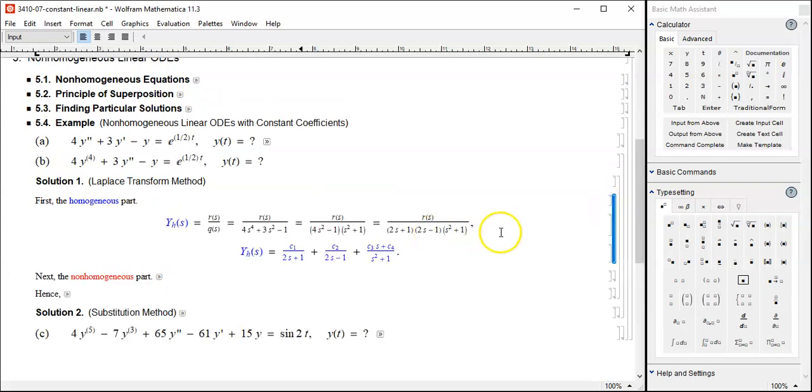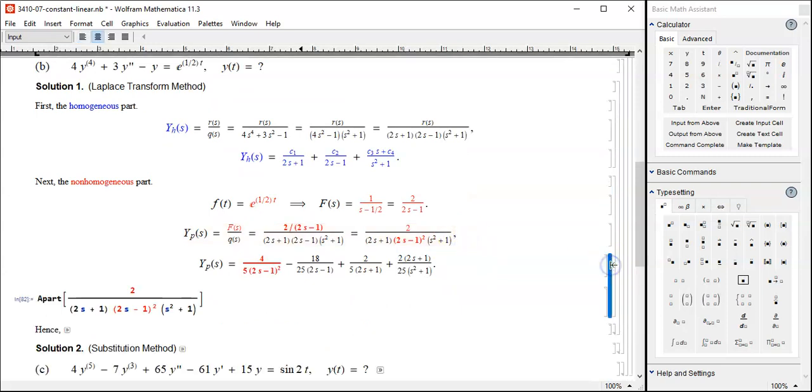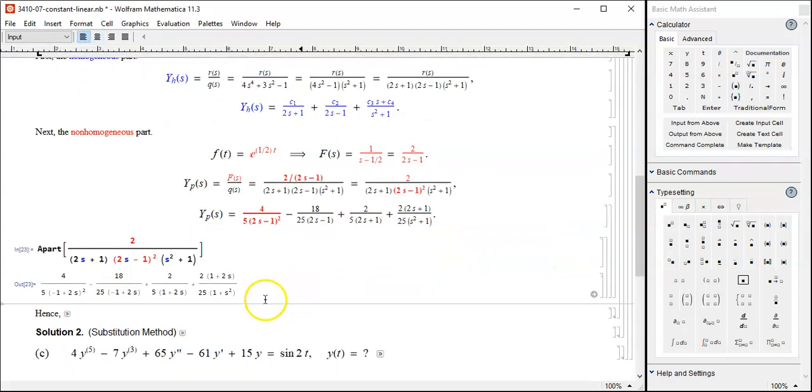The Laplace transform method is like this, the usual decomposition by partial fraction, and this decomposition by partial fraction, F over Q, I mean, this is crazy. I mean, with a computer algebra system, it's not too bad, but real paper and pencil computation is crazy.